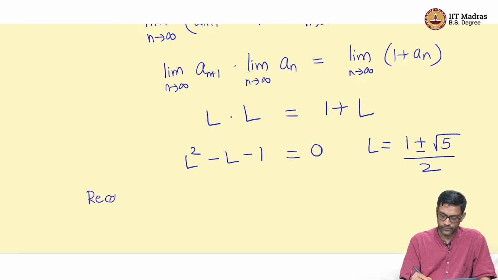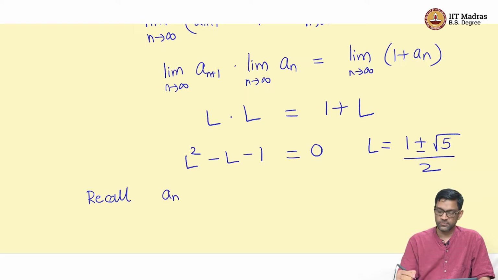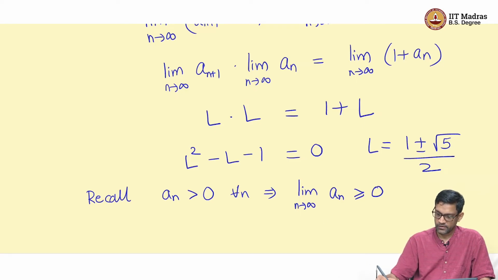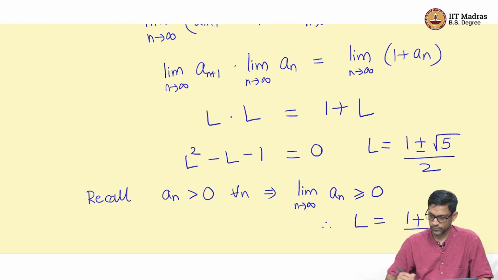Recall that a_n is just the quotient of two successive Fibonacci numbers, so the a_n's are all positive numbers. Therefore, the limit can't be negative; it is greater than or equal to 0. Therefore, the only possible solution we can choose is (1 plus square root 5) by 2.